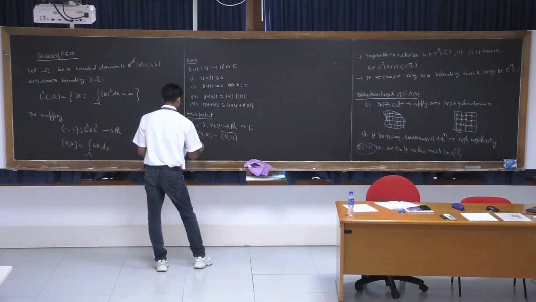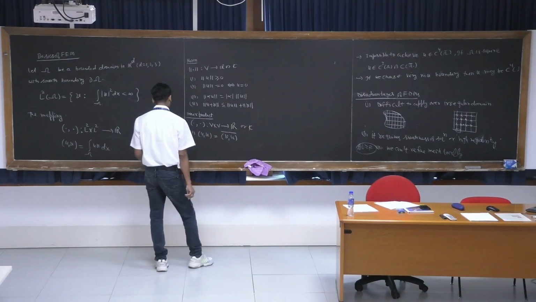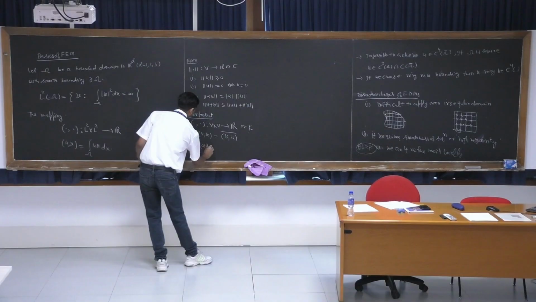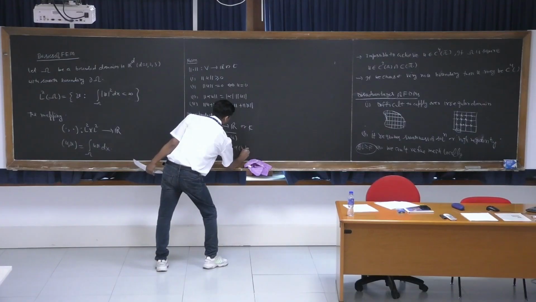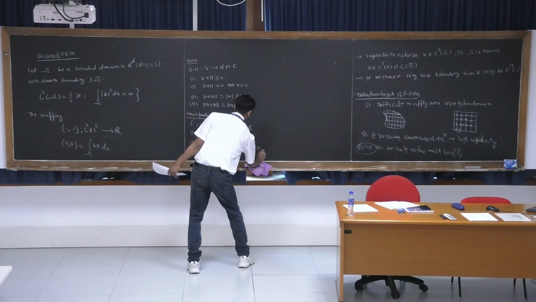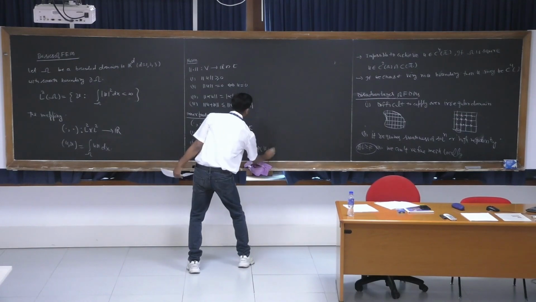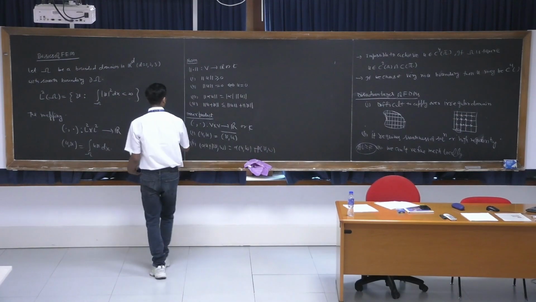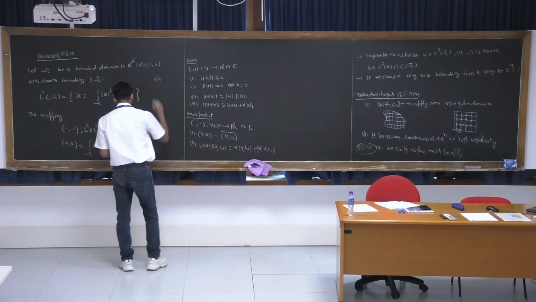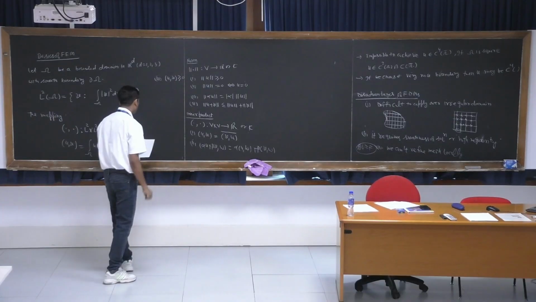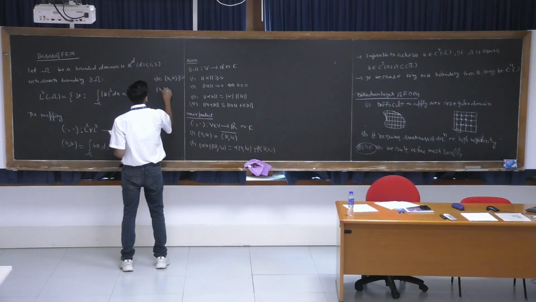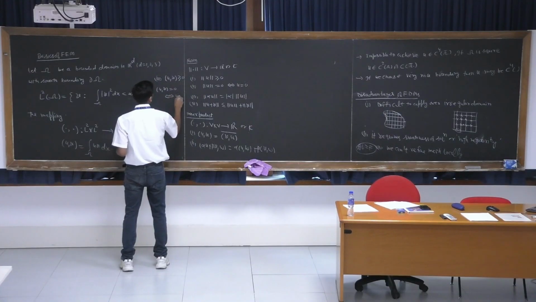The second property is linearity: alpha u plus beta v with w is equal to alpha times inner product of u and w plus beta times inner product of v and w. And the third property is positivity: inner product of u with u is greater than or equal to 0, and it is equal to 0 if and only if u is equal to 0.